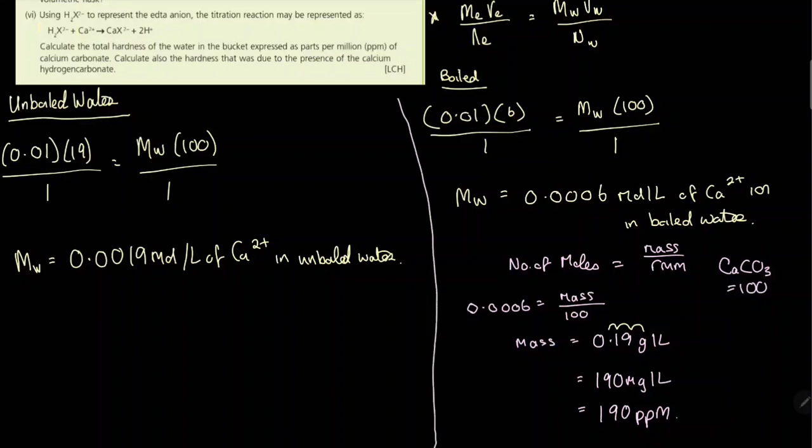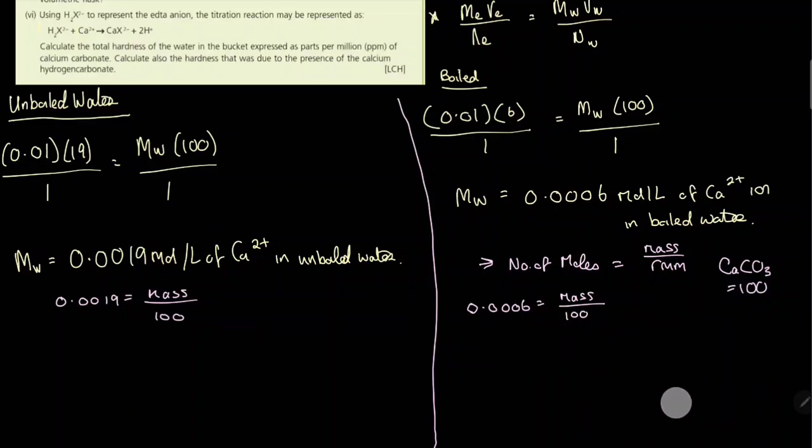So I'm going to do the same thing now over here for the unboiled water. So I'm going to convert that moles per litre into grams per litre using the exact same formula. And still calcium carbonate, of course, so I'm going to use 100. Oh, sorry, I made a little mistake there.